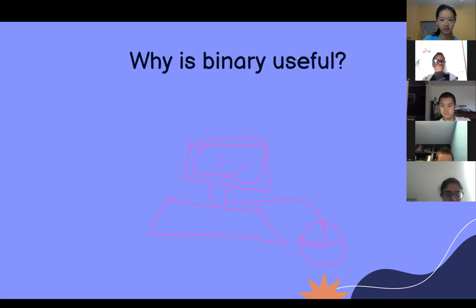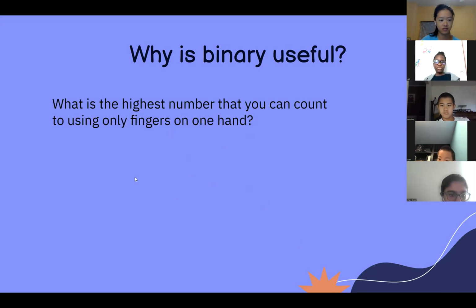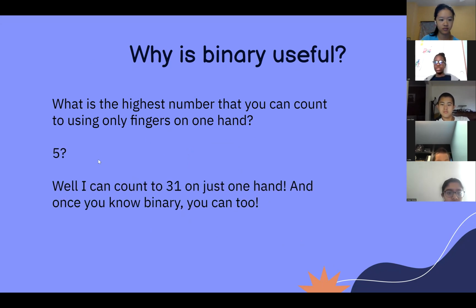It's also useful because you can count higher numbers with fewer digits. So what's the highest number that you can count on your hand? With one hand, you can only count to 5. But with binary numbers, you can count to 31.